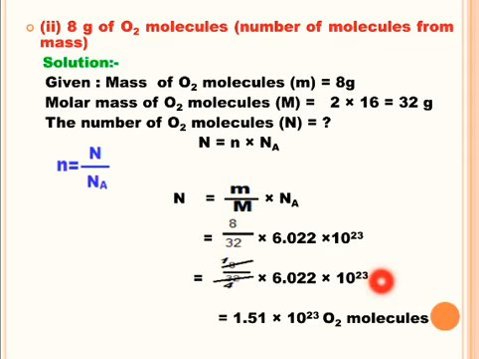So divide 6.022 into 10 raised to power 23 by this 4, and the value comes out to be 1.51 into 10 raised to power 23 oxygen molecules which are present in 8 grams of oxygen molecules. So in this way we can calculate the number of oxygen molecules from the given mass of oxygen molecule.